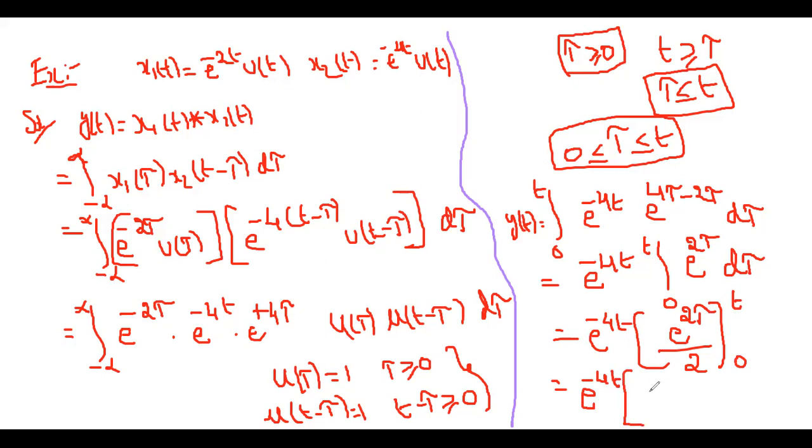Substituting tau as t, e power 2t minus e power 0, nothing but 1, by 2. Okay, my dear students, now you can multiply this, and I will write the final answer here.